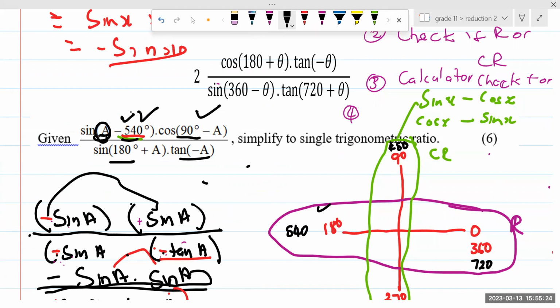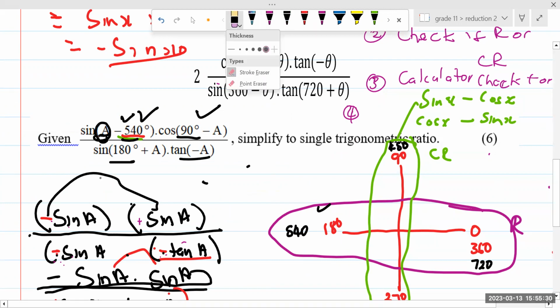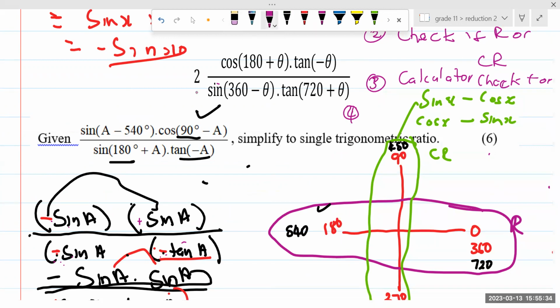It reduces on. Okay? So if we have 540, loosely speaking, this is what we're doing. We were cancelling this part here, we're removing this part here, and then our answer was meaning as what? As sine of A. So the reducing angles, they can disappear. And that's what we were doing before.